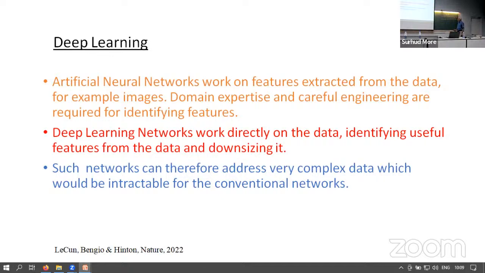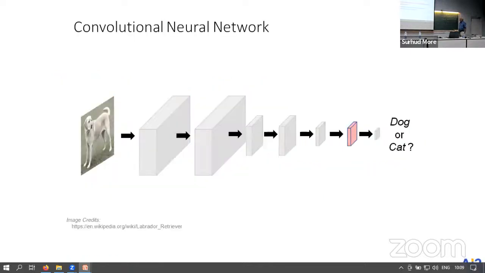But deep learning networks work directly on the data, identifying useful features from the data, and downsizing. Downsizing meaning you start with a large image and then you pick up only the more important pixels from it. Such networks can therefore address very complex data, which would be intractable for conventional networks.